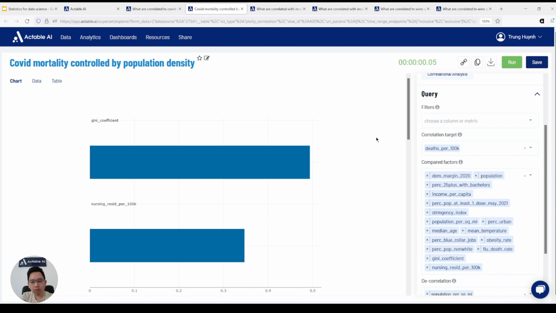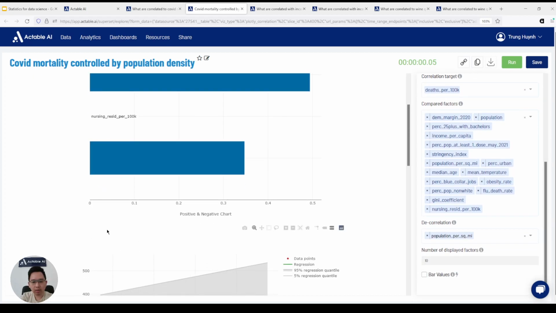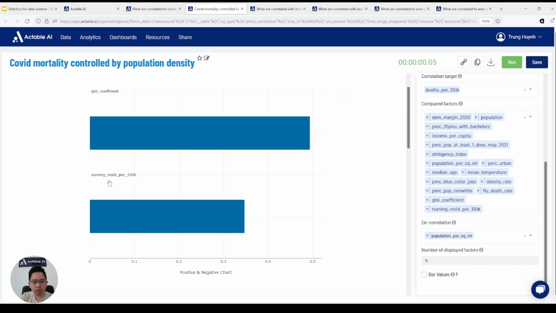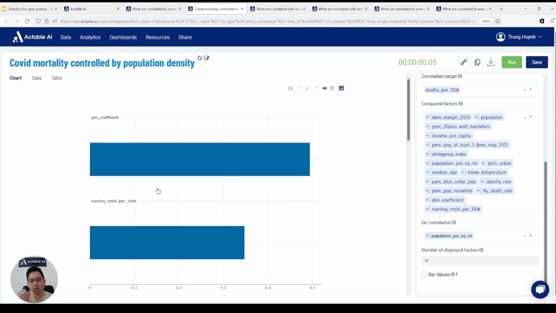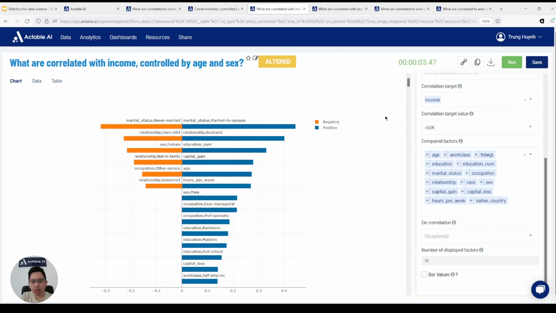When we have this population density control, we see that other factors disappear from the correlation because they might just be correlated to population density. Now we have only the inequality index and the number of nursing home residents per 100,000 people being statistically significant to the mortality rate. So that is correlation with control.